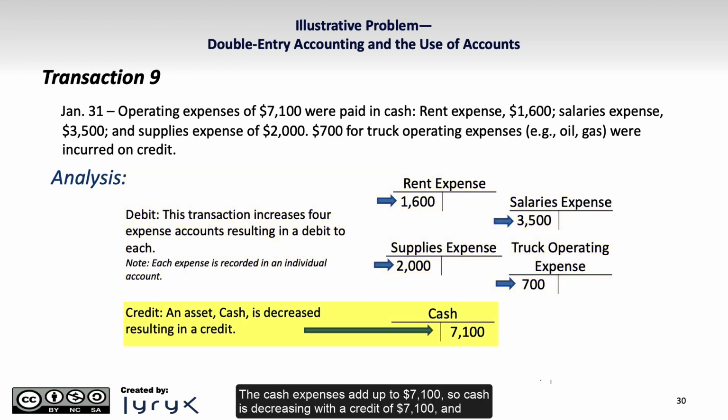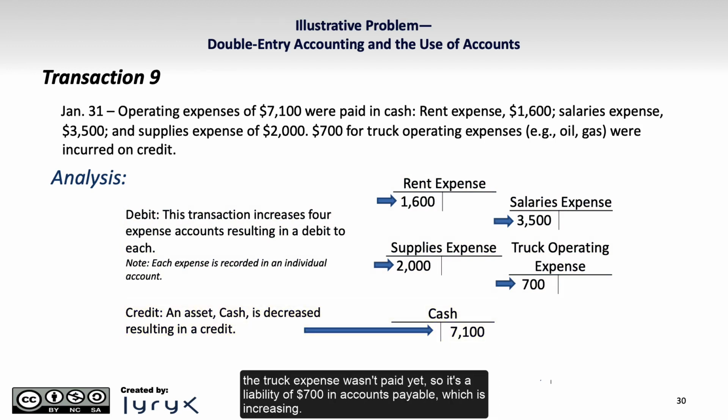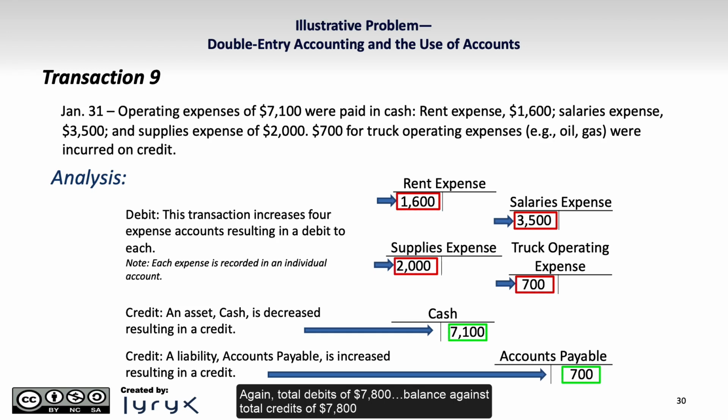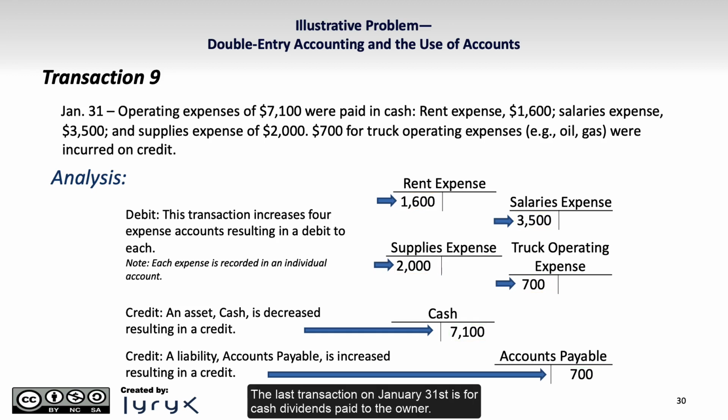The cash expenses add up to $7,100, so cash is decreasing with a credit of $7,100, and the truck expense wasn't paid yet, so it's a liability of $700 in accounts payable, which is increasing. Again, total debits of $7,800 balance against total credits of $7,800.